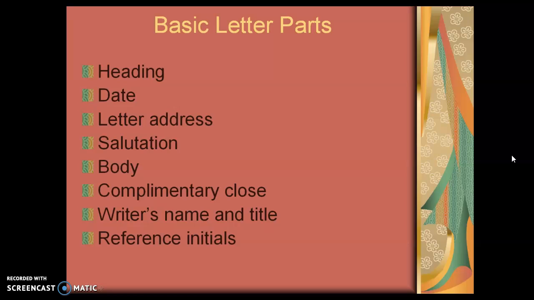Your heading, your date, letter address, salutation, that's the dear Mrs. somebody, the body, that's the part where you say what you need to say, complimentary close, that's the sincerely, writer's name and title, and reference initials. Use reference initials when you're typing the letter for somebody else.